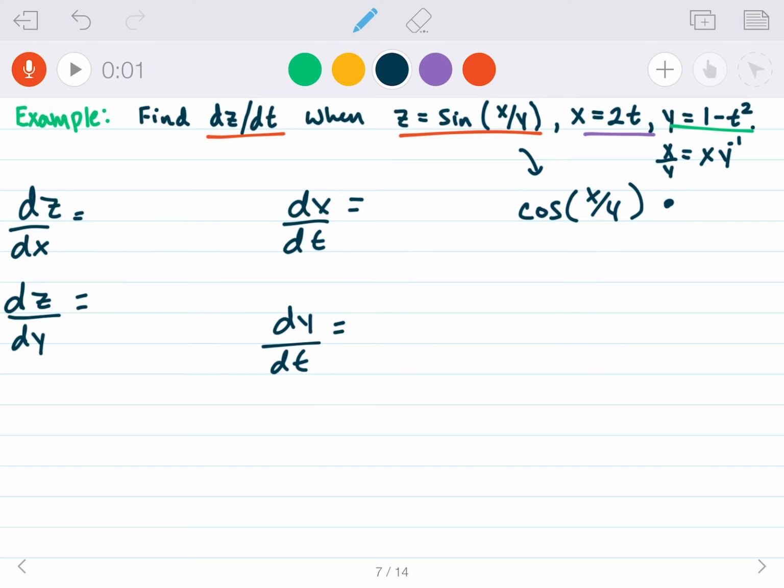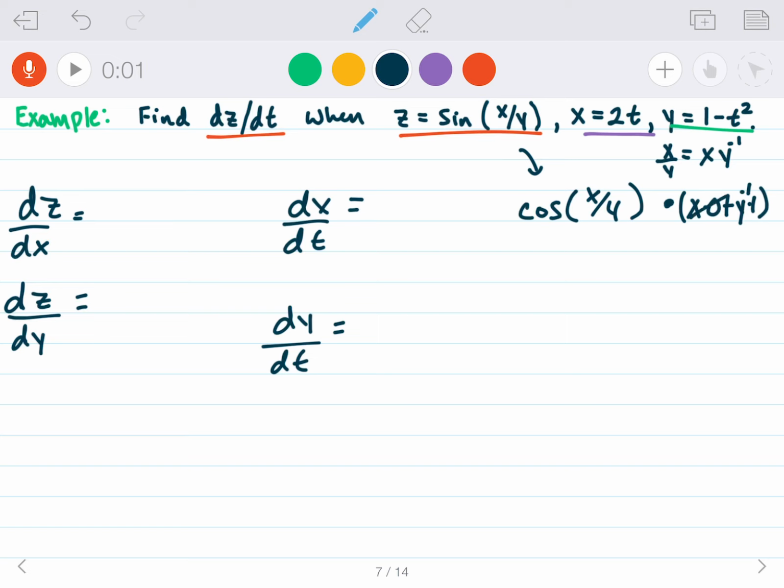So since we're looking at this with respect to x first, we're treating y like it's a constant. So when I multiply by the derivative of x y to the negative 1, I keep the first times the derivative of y to the negative 1, that's 0, plus keep the second, y to the negative 1, times the derivative of x, which is 1. We're doing this with respect to x first.